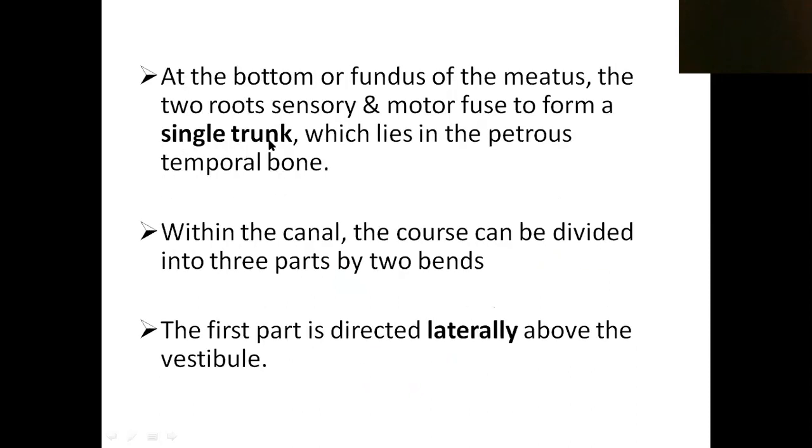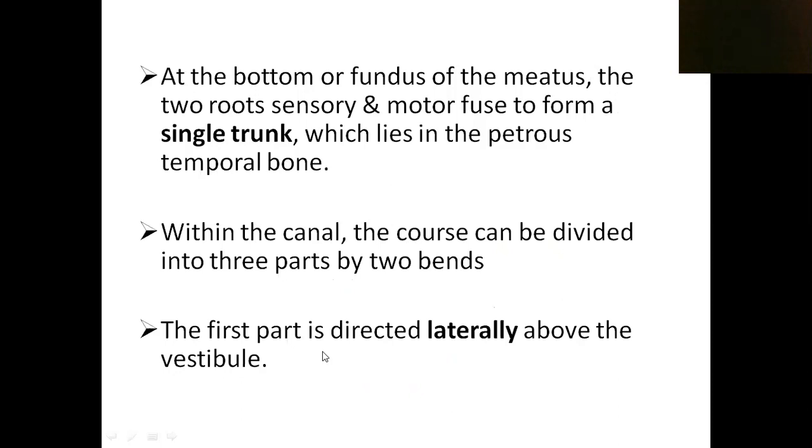Inside the internal acoustic meatus, both routes form the single trunk. Then it leaves the meatus and enters the facial canal. Within the facial canal, it can be divided into three parts.